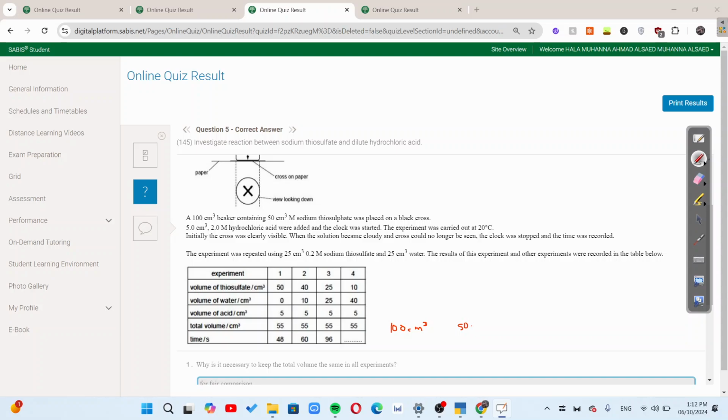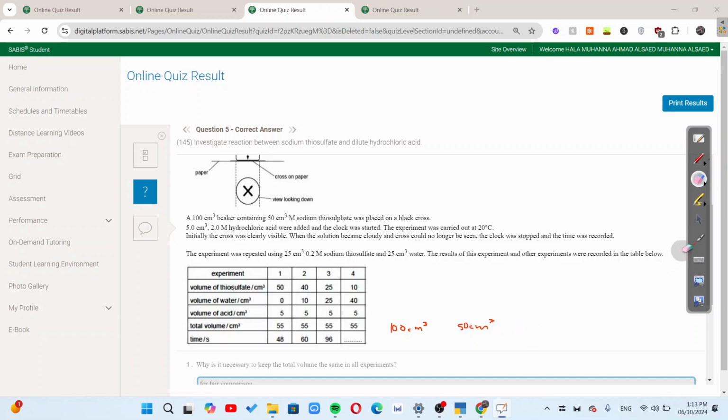Okay, 50 centimeter cubed molar. I don't think the M here, I think it's a typo.